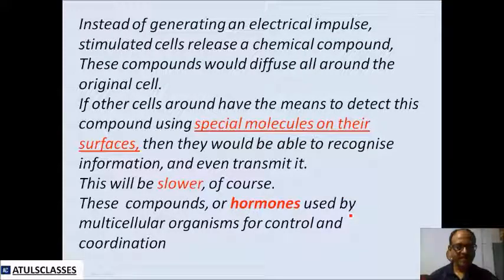These chemical compounds are called hormones and are secreted by special organs or glands, and they are received by each and every cell or the cell to which these hormones are targeting. On the surface of the cells, special molecules receive and they act according to the hormone that is involved.